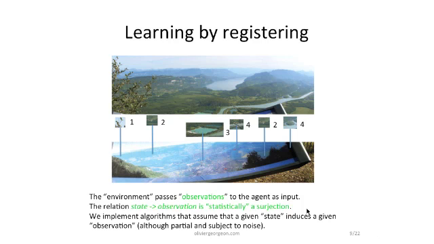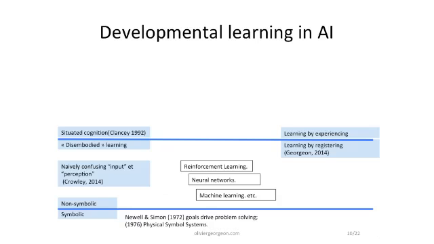That is, a given state of the world will statistically always return the same observation. And so we implement algorithms that assume that a given state of the world induces a given observation, even though it's partial and subject to noise. So that's what we don't want to do, assuming that the code received from the environment represents the environment. So we are above this demarcation line.